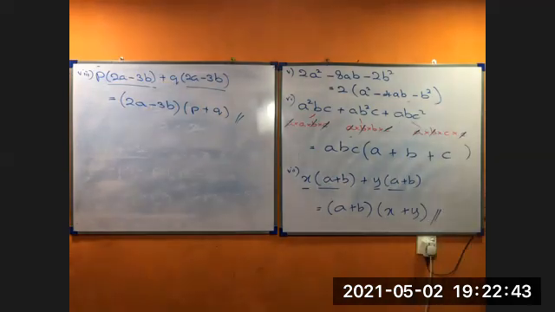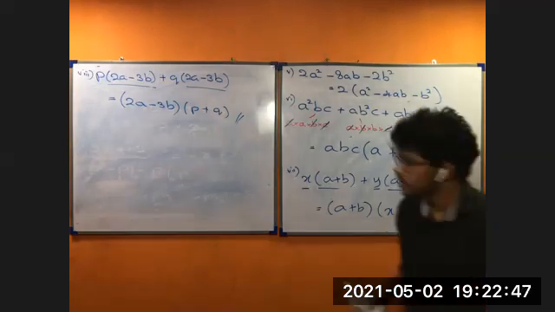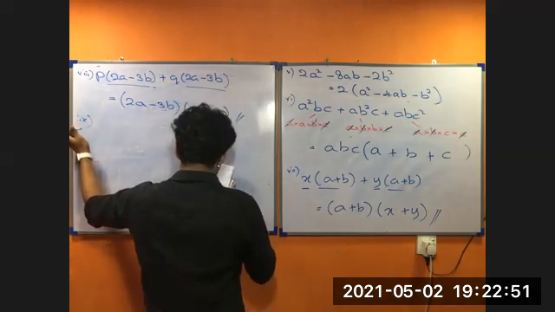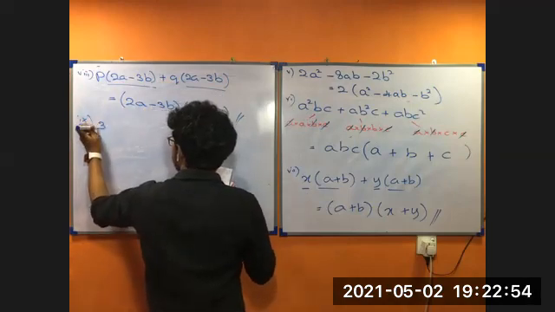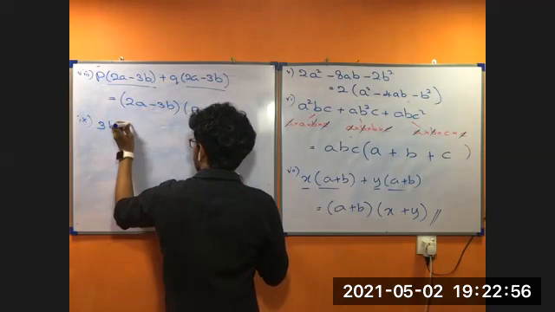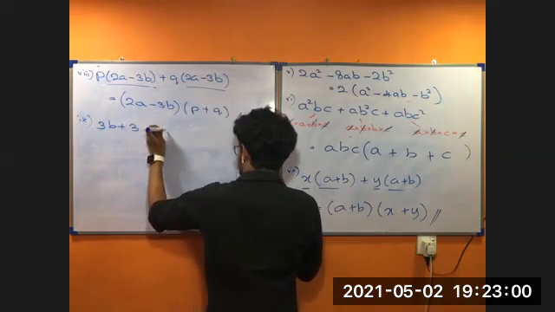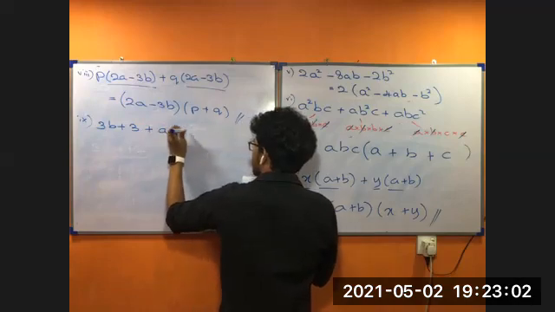Then number 9, I have, let's do this. 3 plus 3 plus a times b plus 1.